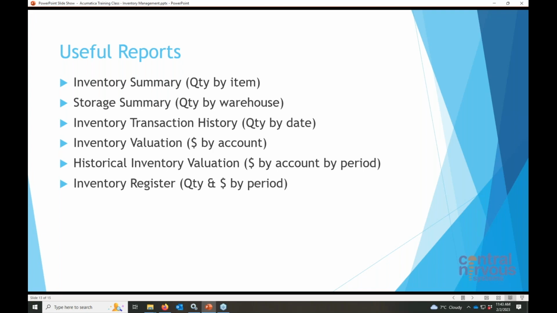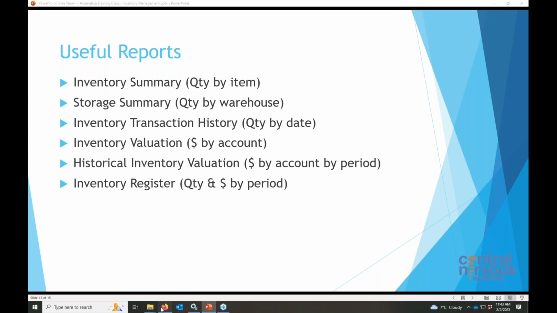Historical inventory valuation, so it's our dollars by account by period. So if we want to say, okay, well, what was our inventory value at the end of January 2022 and compare that to end of January 2023, that would be a good report to use. And then the inventory register. So it's quantity and dollars by period.